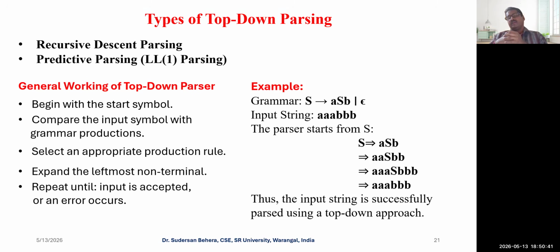Now think, which production do you have to choose so that you will get three a's followed by three b's? Are you going to choose epsilon? Are you going to replace S with epsilon now? Is this the right time? No. If you replace, then you will have only two a's followed by two b's, but the string is three a's followed by three b's.